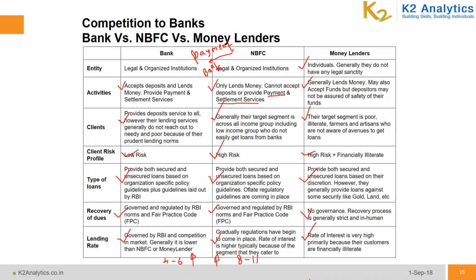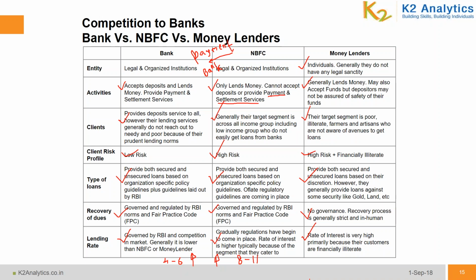The NBFC will build a book of say 100 crore. After having built a book of 100 crore, the NBFC is going to sell it to the bank. And the NBFC is going to maintain that book. The entire recovery process will be managed by the NBFC, but they will build a book and then sell that book.